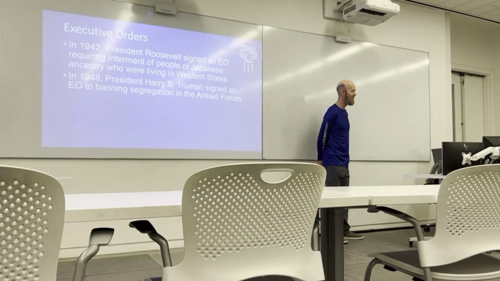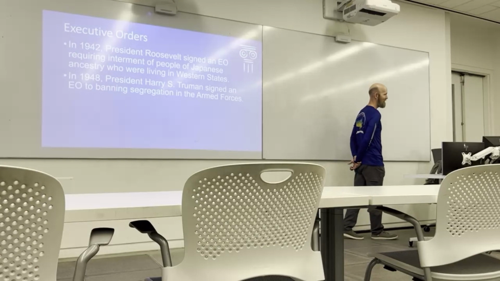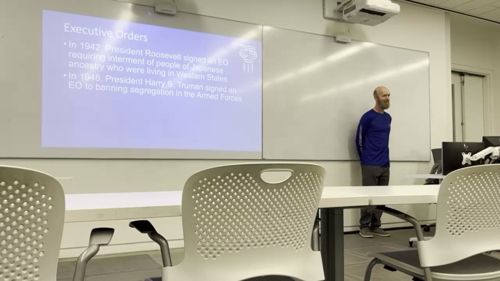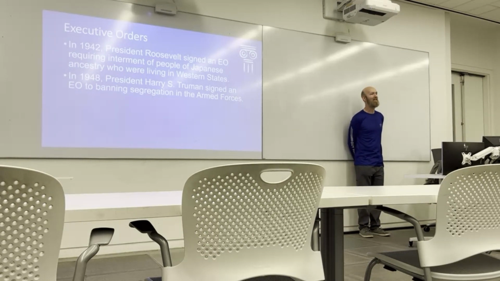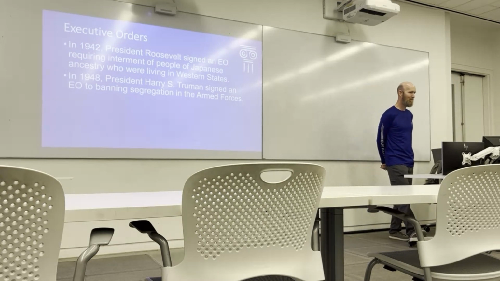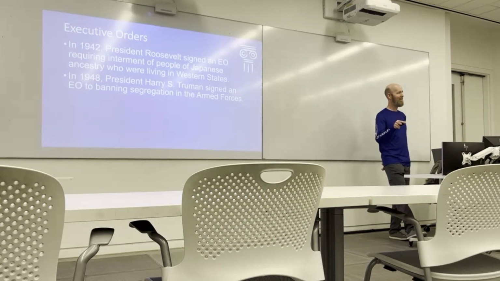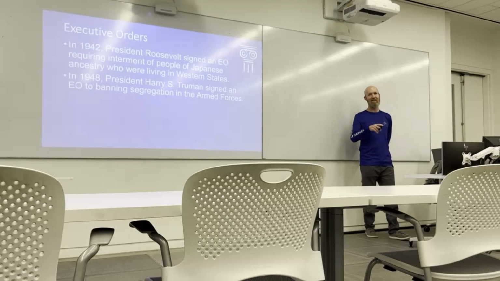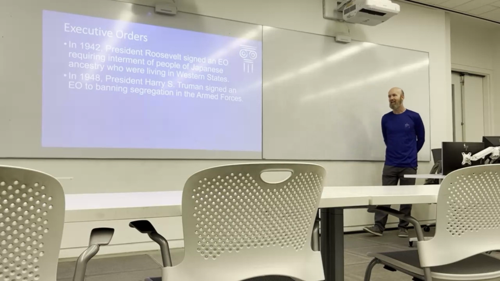As a side note, if you've ever seen the movie Hidden Figures, there's all this segregation in NASA, but that didn't actually exist because NASA was part of the military and was desegregated. But the women who the movie is about, when they first started working for the government, it was a separate organization, and it was before 1948, and it was segregated.